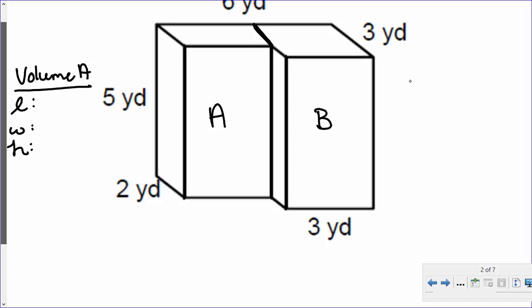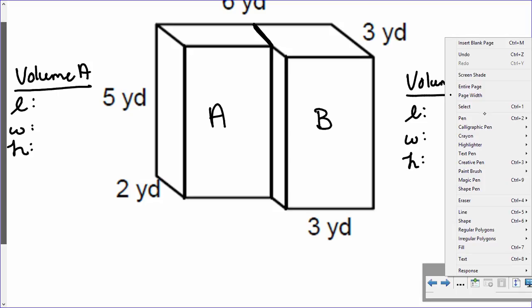Do the same thing over here. I'm going to make a list. So volume B, length, width, and height. So let's find those dimensions.